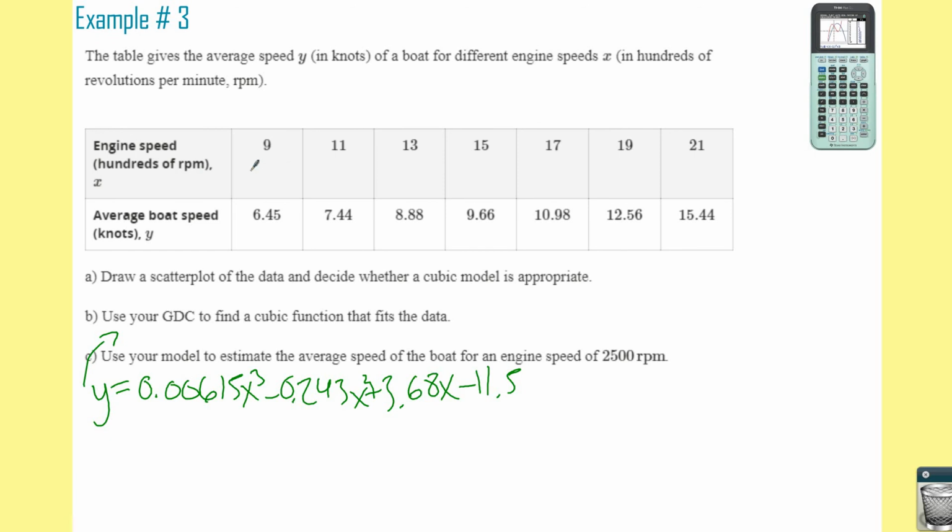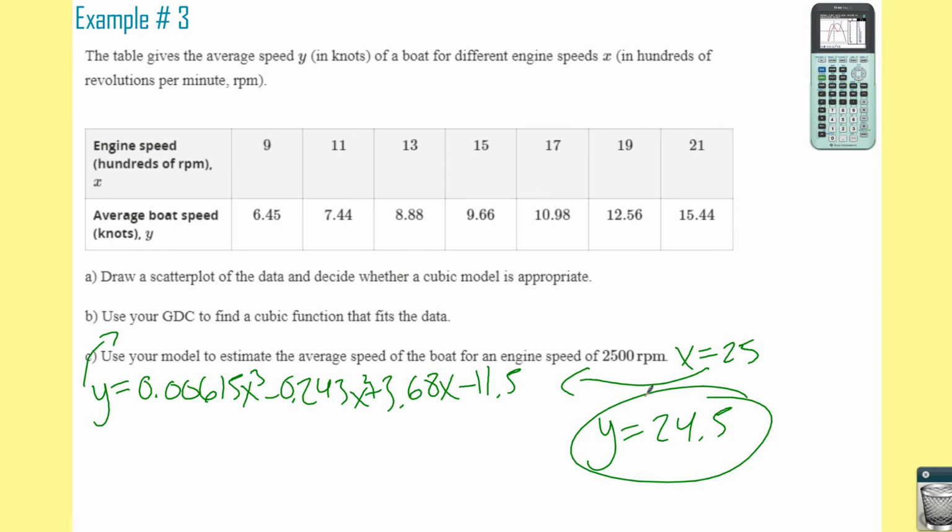So make sure you're plugging that in correctly, because x is hundreds of RPM, so x is 25 for 2,500. So we plug x into our equation and get y equals 24.5, so 24.5 knots. All right, so that's it for cubic functions.